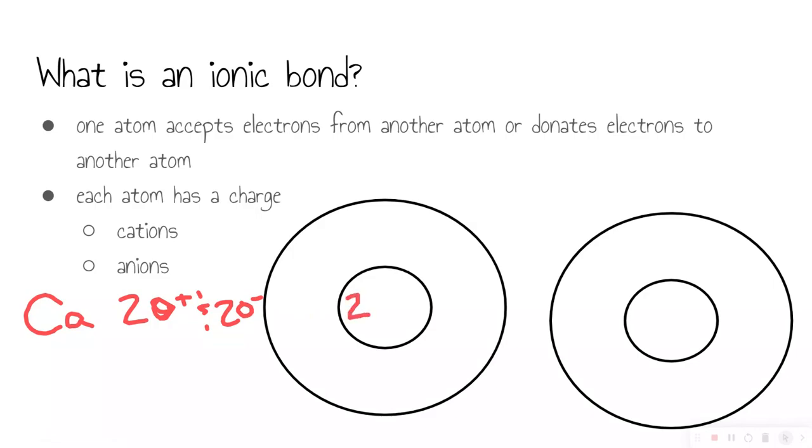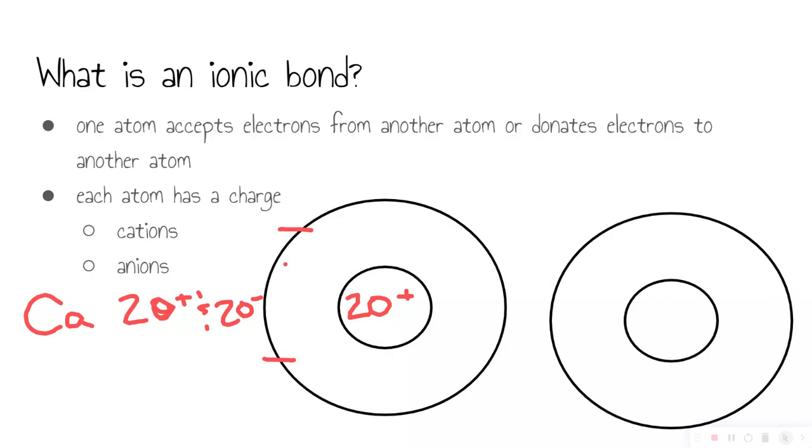These 20 protons are going to be found in the nucleus, and calcium is in the 4th row in the 2nd column. So it's going to have 4 shells holding its electrons, because it's in the 4th row, and 2 of these electrons are going to be in the 4th shell, in the valence shell. So we have 2 electrons here in the valence shell.